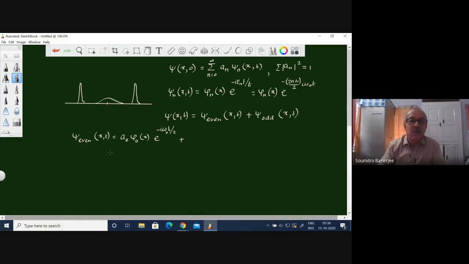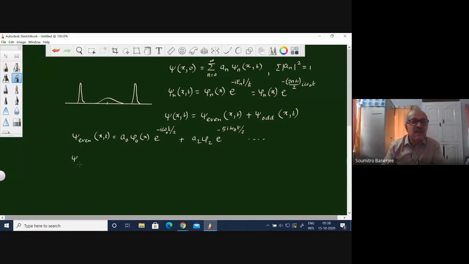First is distributed will be odd. Second is a2 psi 2 e to the power minus 5 i omega naught t by 2, and so on and so forth.